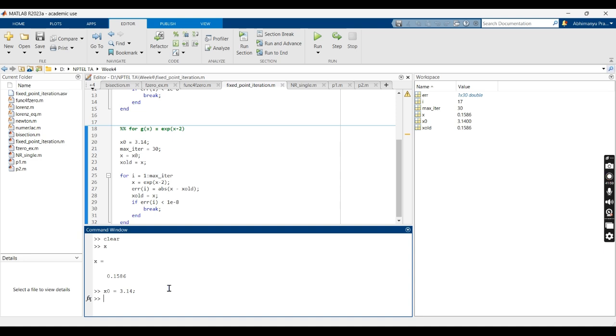Yeah. So if I give my x value 3.14, I try to evaluate exponential of x0 minus 2. So this is 3.1268. Okay, let us first.